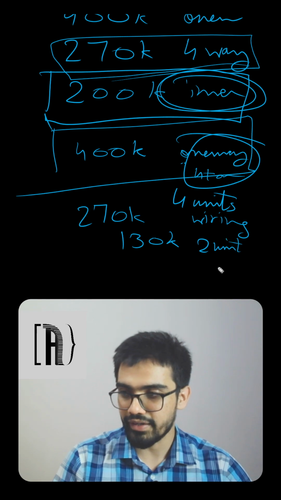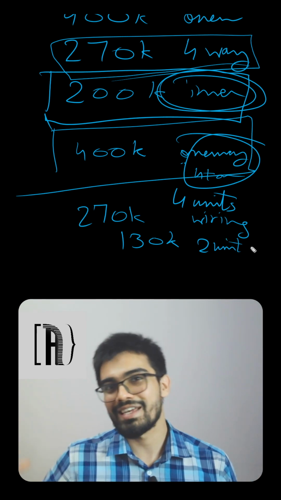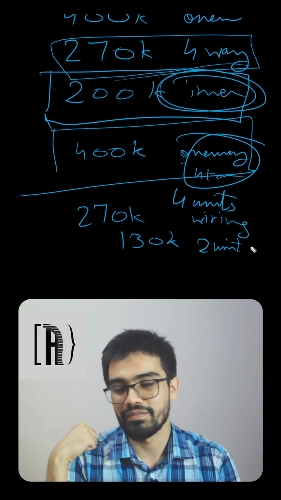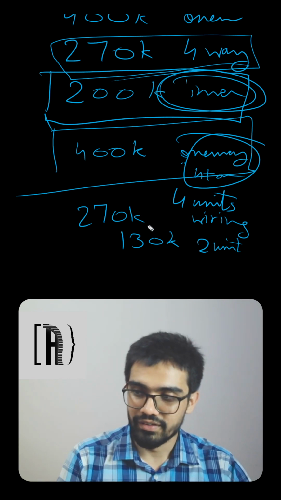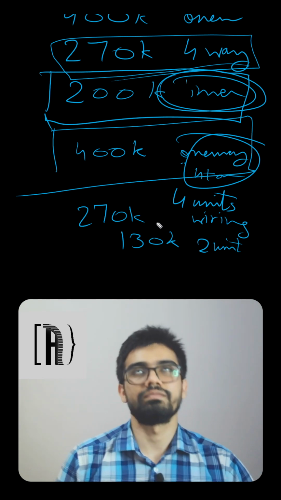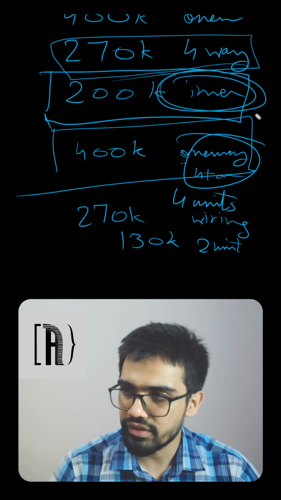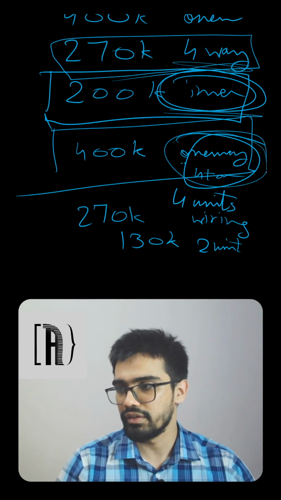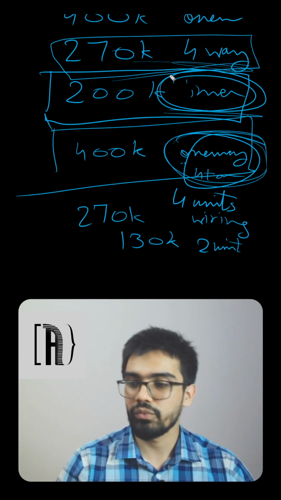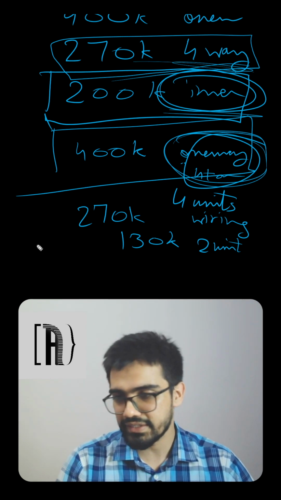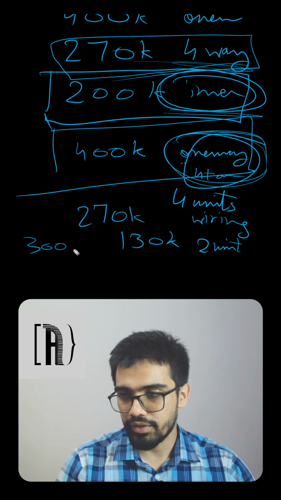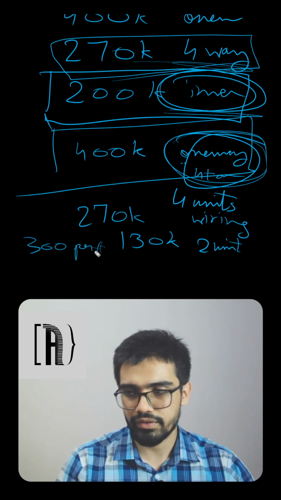So 2 times the wiring. So the wiring cost has also reduced by half. And let's say, the wiring for the four-way and one-way is also more, but still, let's consider 300 per foot.